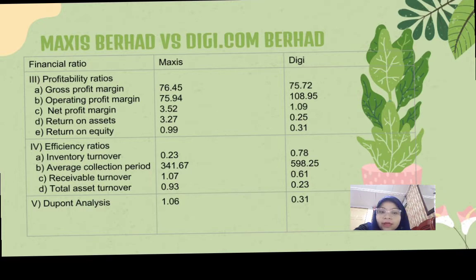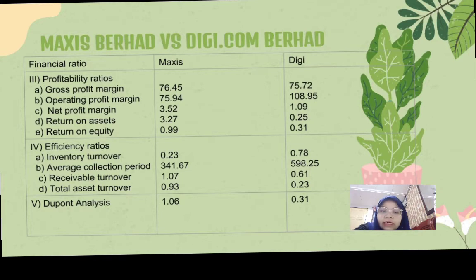Average collection period for Maxis got a value of 341.67, while DiGi got a value of 589.25.